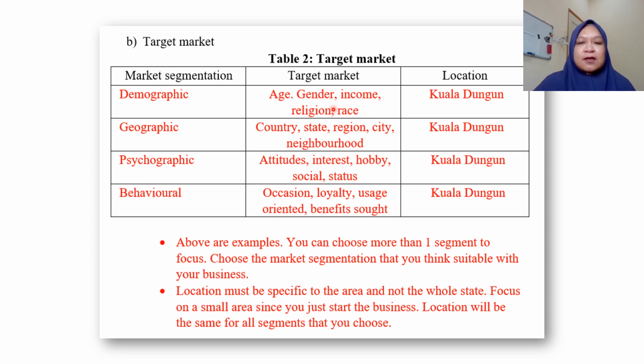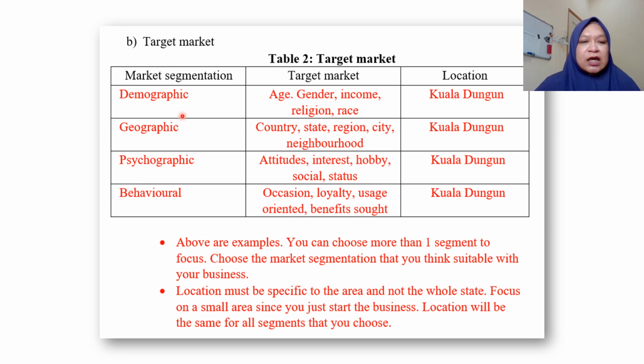Whether your product is maybe for a specific religion or a specific race, you can write here. The location, for example, in Kuala Lumpur. I don't want you to write down such a big place. I want you to be specific on the location that you choose.